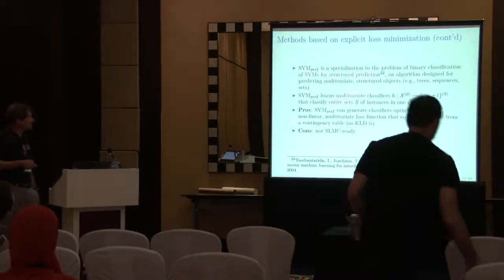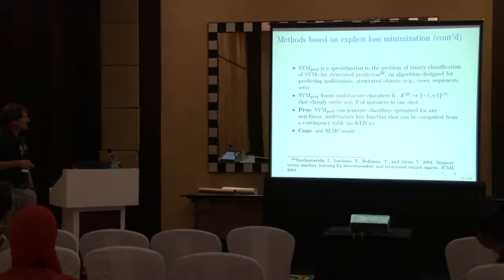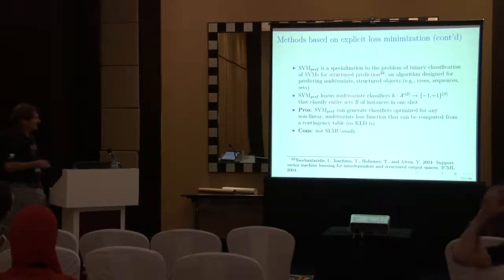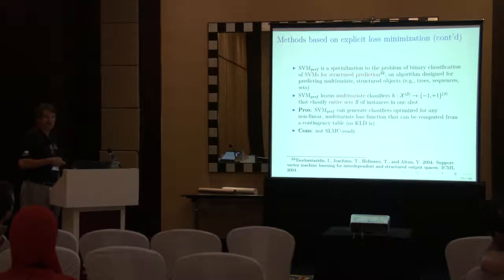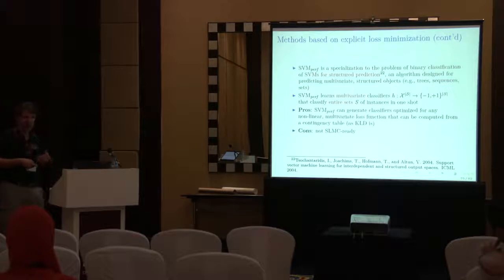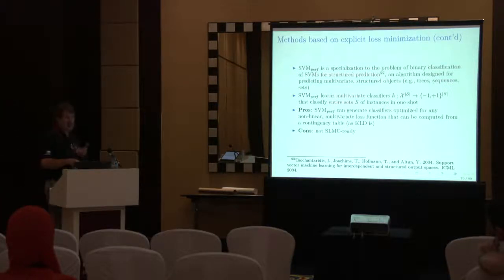Essentially, instead of taking one document and returning a label, SVM perf takes a set of documents and returns a set of labeled documents. Conceptually, it takes a batch of documents all at the same time and attributes labels in an interdependent way.